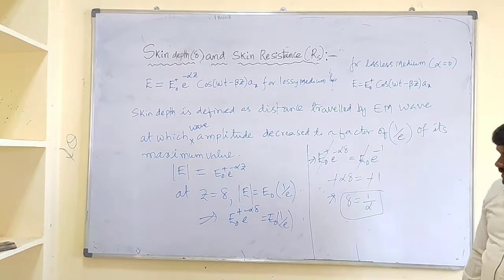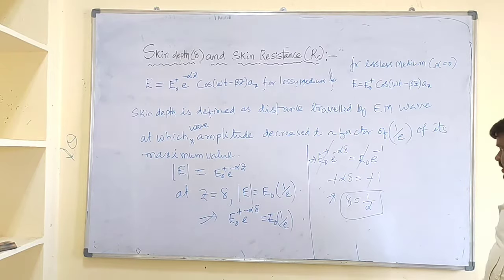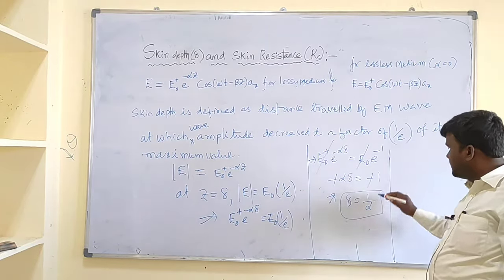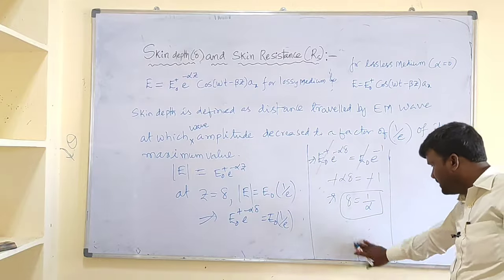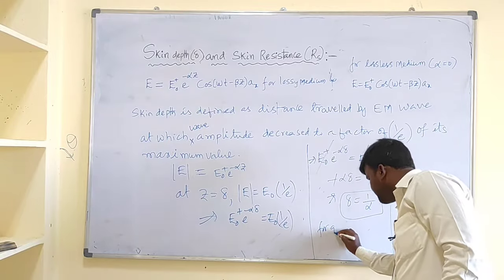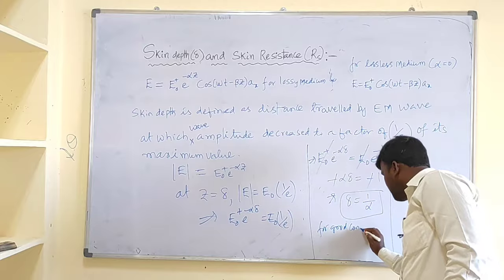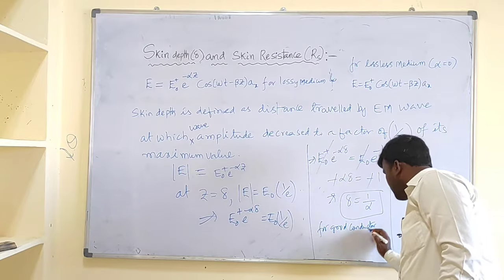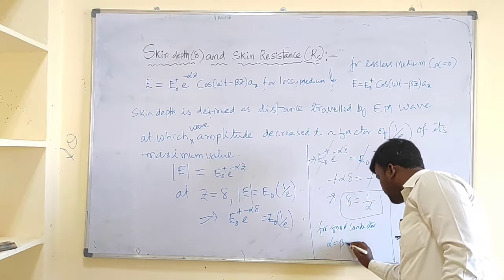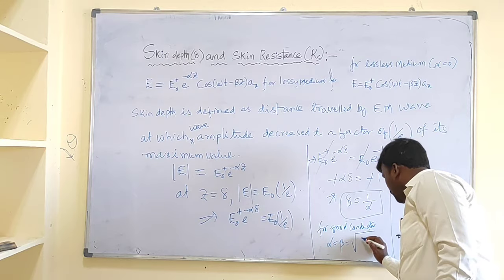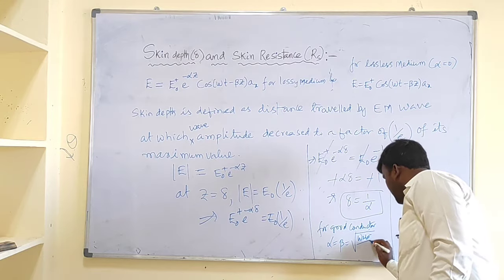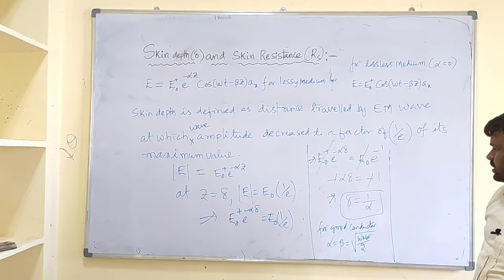Let us go for a lossy medium, that is a conductor. For the conductor, delta equal to 1 by alpha, and for a good conductor, alpha is equal to beta, equal to under root omega mu sigma by 2.